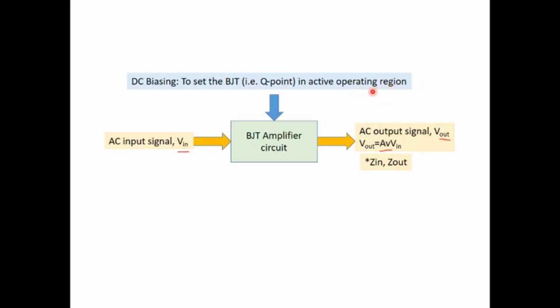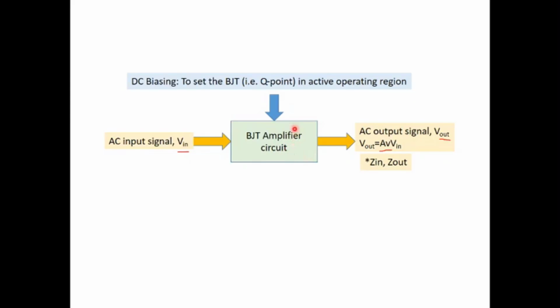We have discussed three main operating regions for the BJT: the active region, the cut-off region, and the saturation region. In order for the BJT to operate adequately as an amplifier, the BJT Q point needs to be in the active operating region.